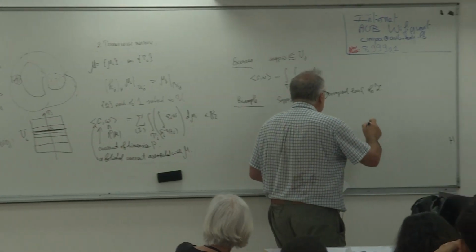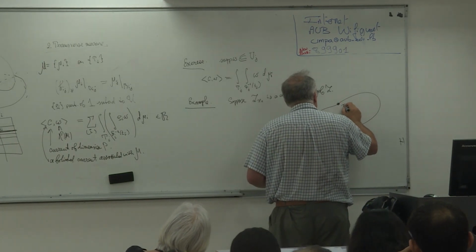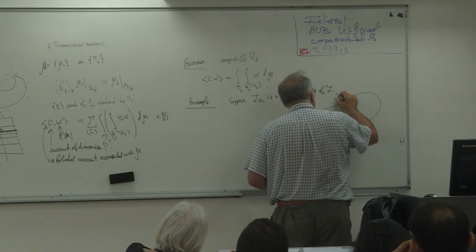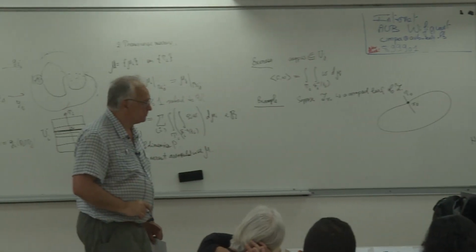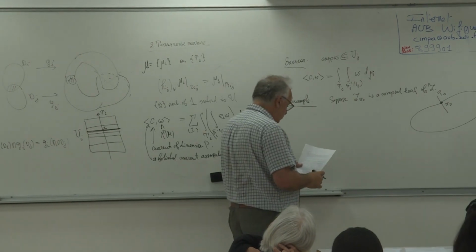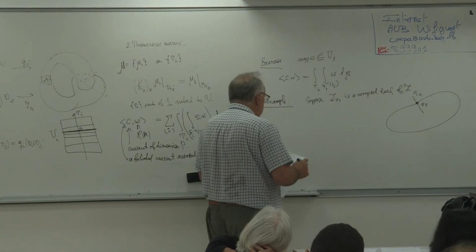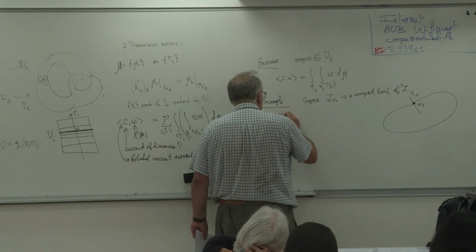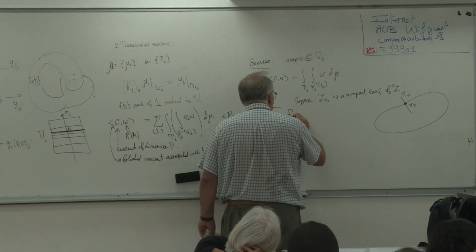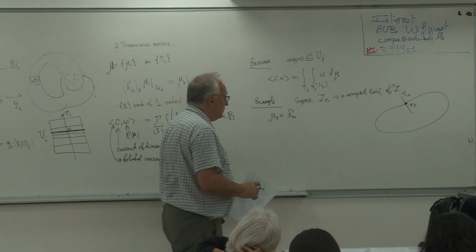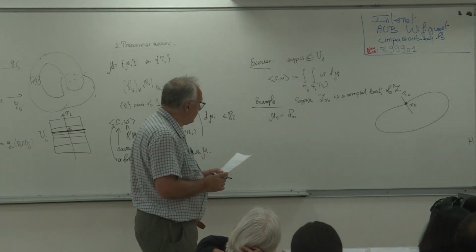Now take a transversal T0 through this point, and define mu0 to be a Dirac measure at x0.